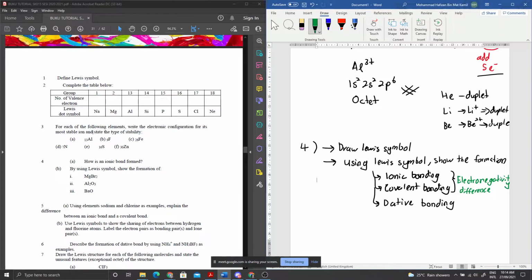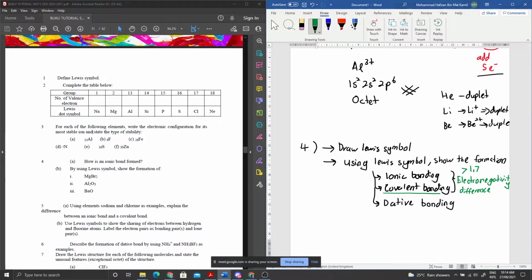For ionic, usually it is around 1.7 and above, sometimes 1.8. If it is 1.7 and above, usually it is ionic bonding. And if the difference is lower than 1.7, usually it will form covalent bonding.